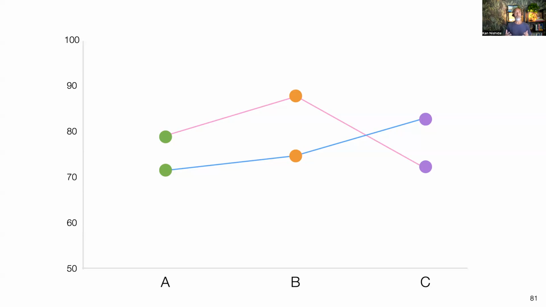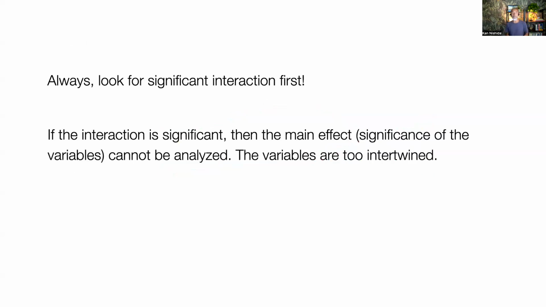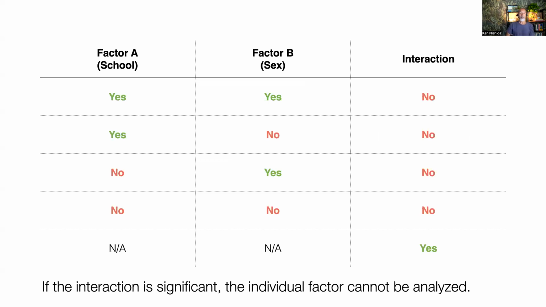They're very tightly connected between the school variable and the sex variable. So when you run the two-way ANOVA test, you want to find out whether the interaction is significant or not. And if it is, then you basically want to stop there because you cannot really analyze the main effect of each variable.